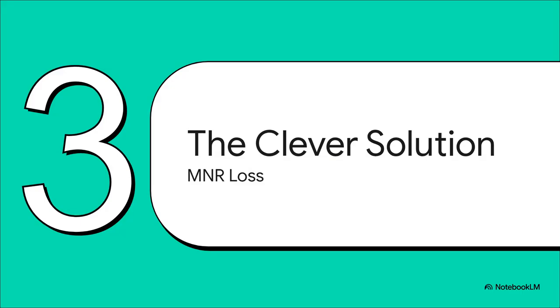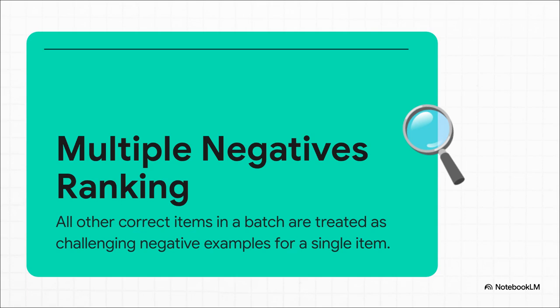And this is where a much, much smarter technique comes into play. It's kind of the hero of our story today. It's called multiple negatives ranking loss, or MNR loss for short. And this is where the real learning, the deep learning, begins. So instead of using random, unrelated junk as the negative examples, MNR loss does something way more clever. It takes a whole big batch of correct pairs, and it pits them against each other.